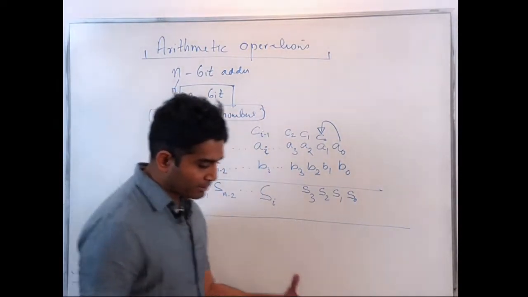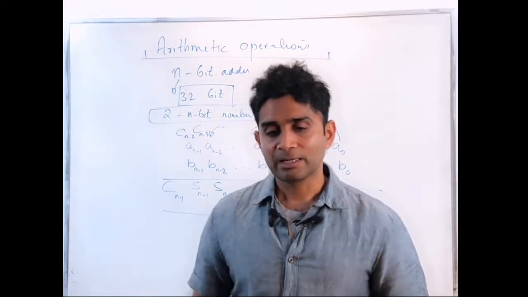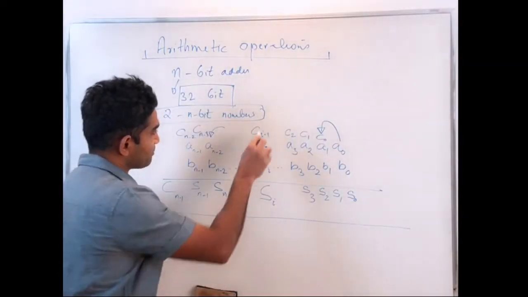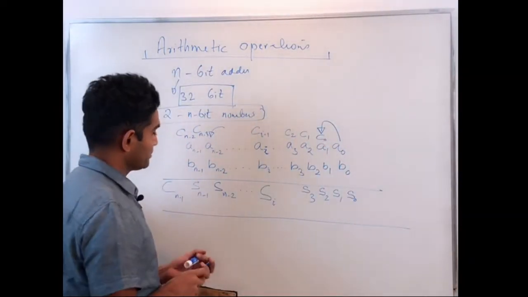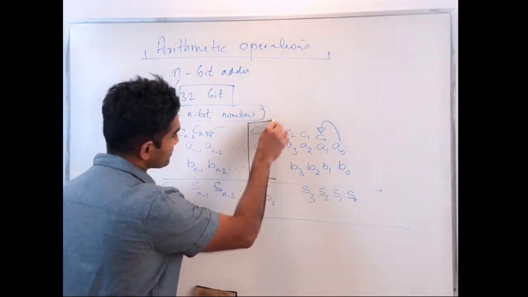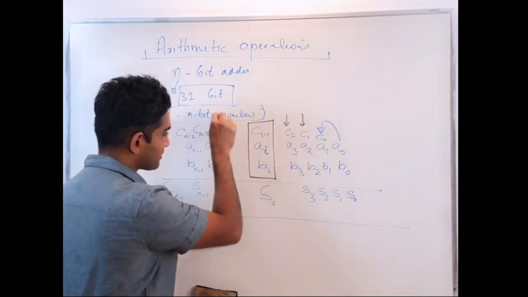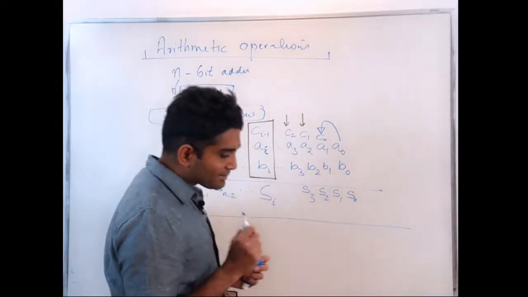So if I examine the general procedure to add, and if I look at some intermediate bit position, for example, here, what you notice is that at every single bit position, I'm doing the exact same operation.